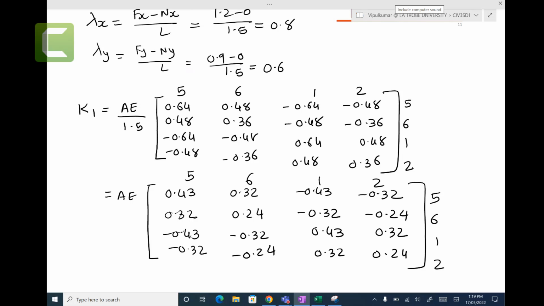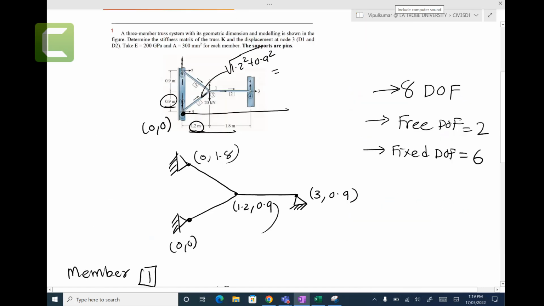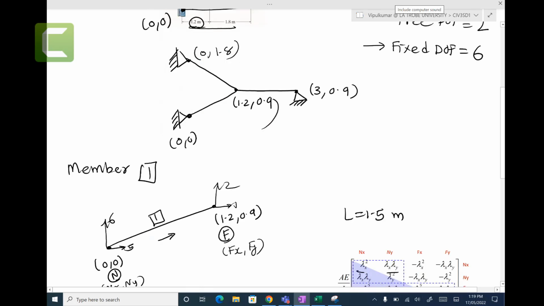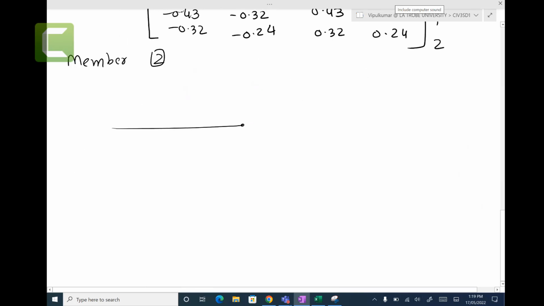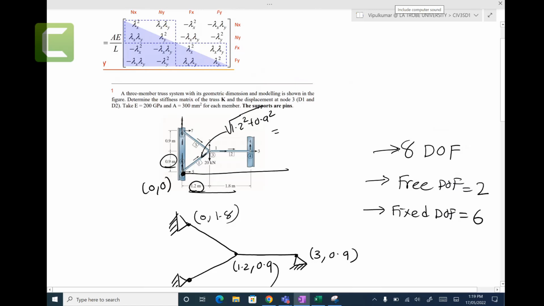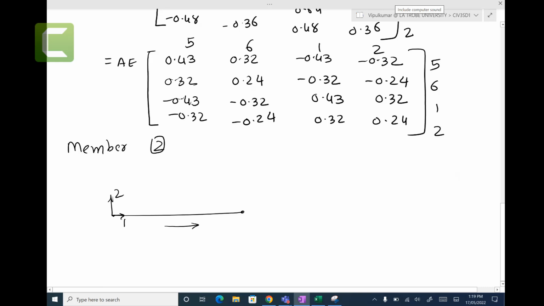Right, so K1 is done. Now K2, member 2. Let me draw member number 2. It is a horizontal one, which is much better because one of the lambda x and lambda y would be 0. So the numbering is 1 2 3 4.